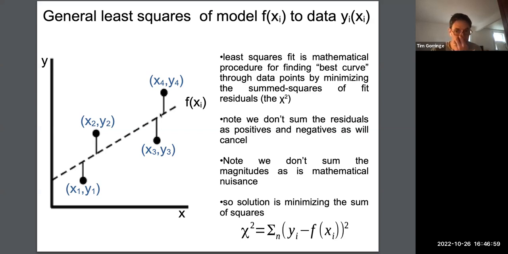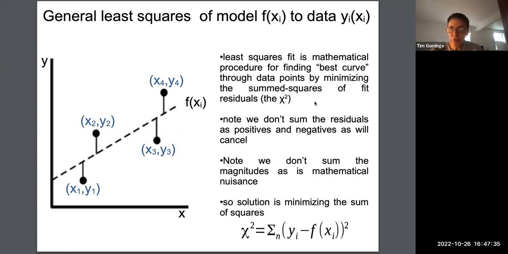So we compute those residuals, and then we square them, and then we sum them, and that's what we call the chi-squared, the sum of the squares of the residuals, and we try to minimize that chi-squared. We try to make that sum of the squared residuals as small as possible, and that's going to define our best curve, or our best straight line through the data. So that's the basic idea.